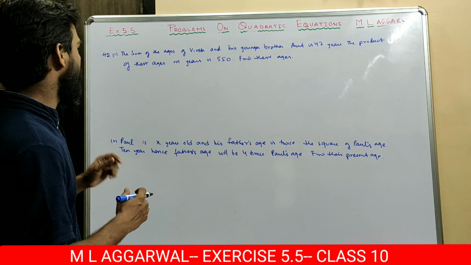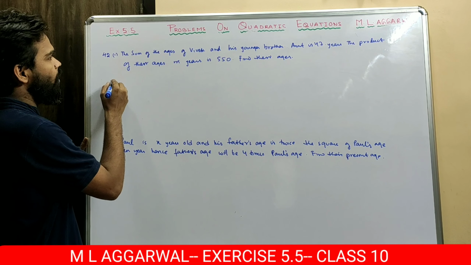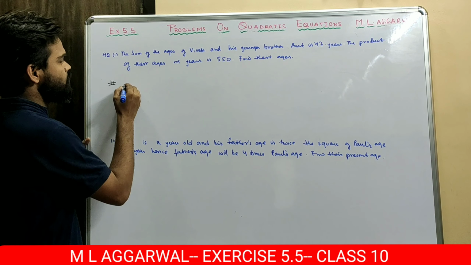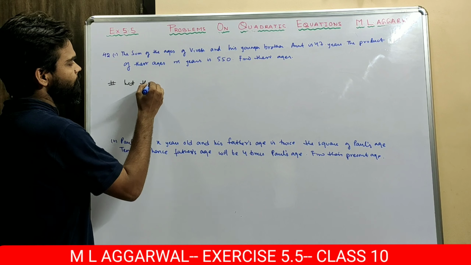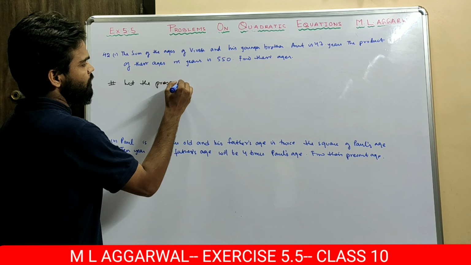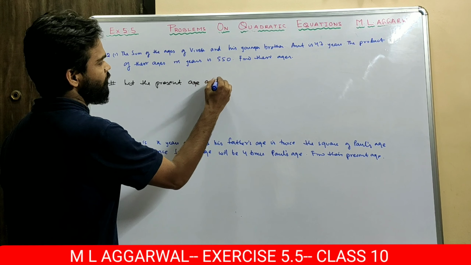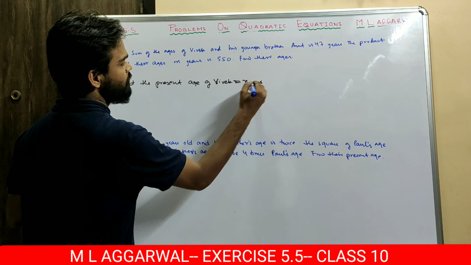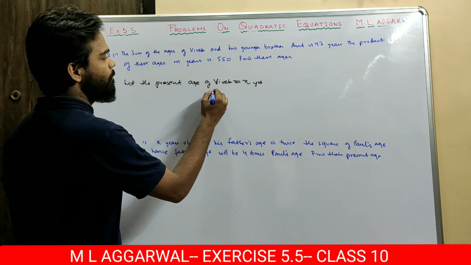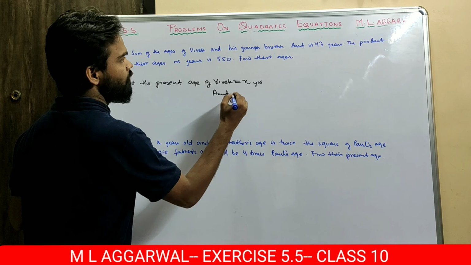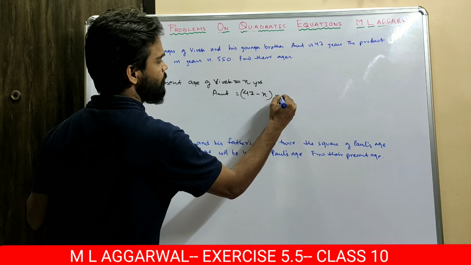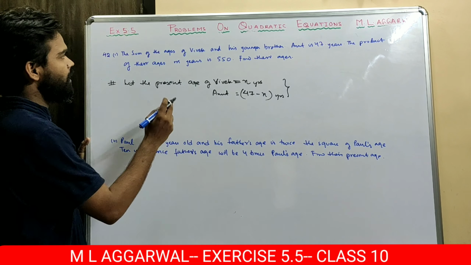Now look at 42 part 1. The sum of ages of Vivek and his younger brother Amit is 47. So let the present age of Vivek be x years, then Amit's age will be 47 minus x, because the sum is 47.